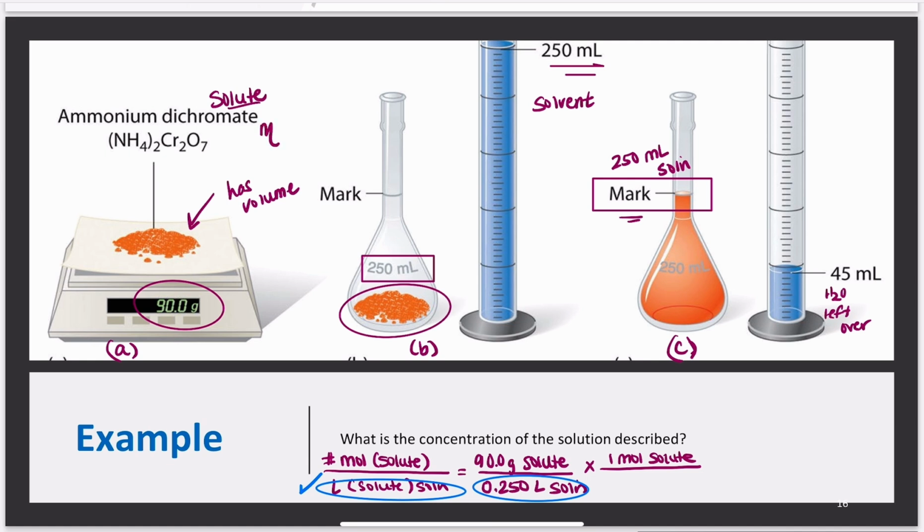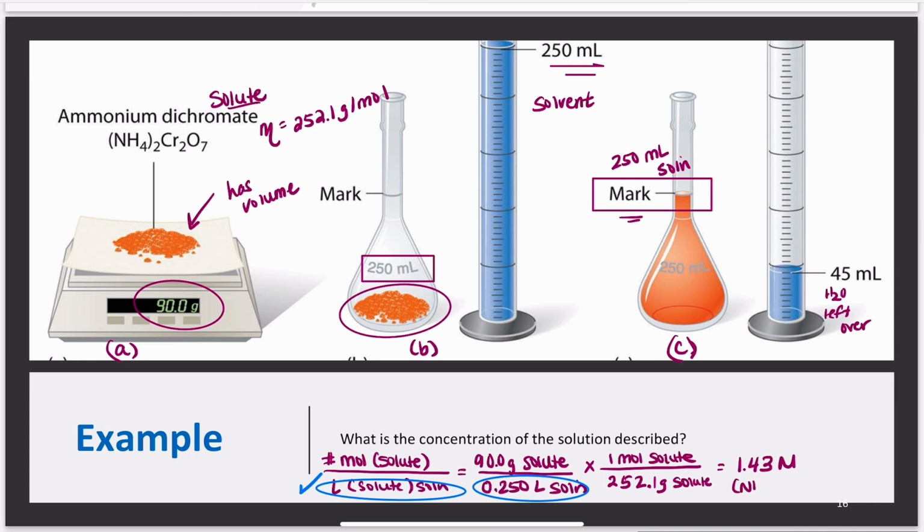When I add up the molar mass here, I'm going to get 252.1 grams per mole. So 1 mole will equal 252.1 grams. Calculate that out, and you end up with concentration of 1.43 molar.